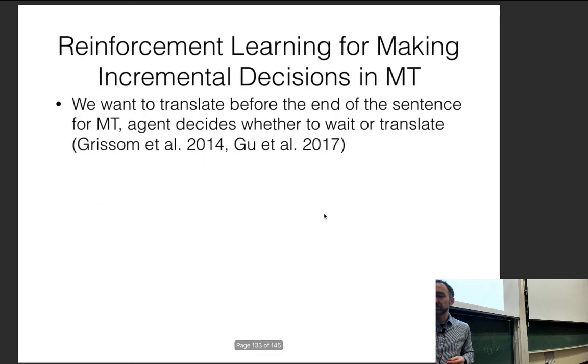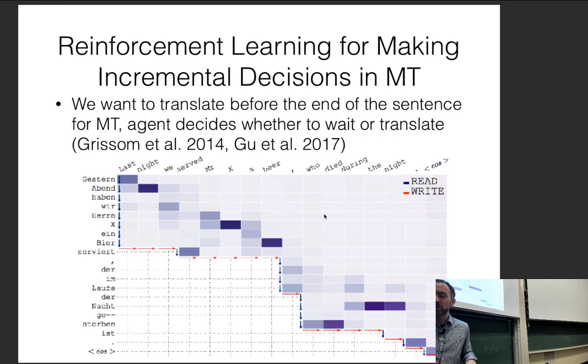Incremental decisions in machine translation. This is an example of our work, and also some by Graham et al. at University of Maryland. We had a task of simultaneous translation, where you want to start generating output as soon as possible, given an input. The motivation is you want to translate speech, but you don't want to wait until somebody finishes saying a sentence before you can start translating.